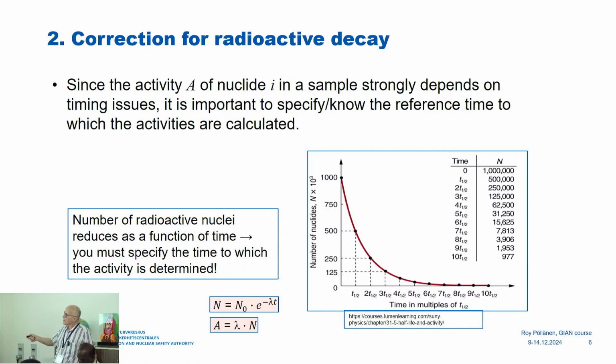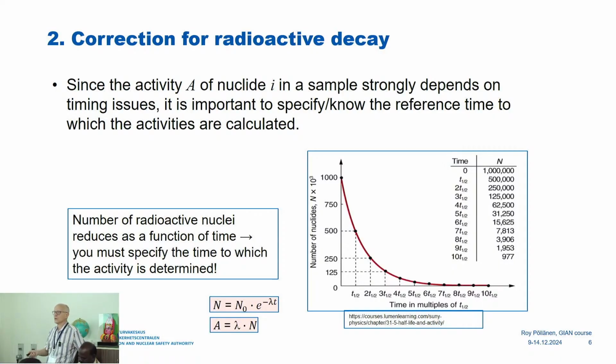The starting point is 1 million nuclides, or activity, in the beginning of time. After one half-life, there are only 500,000. Secondly, there are 250,000, etc., etc.